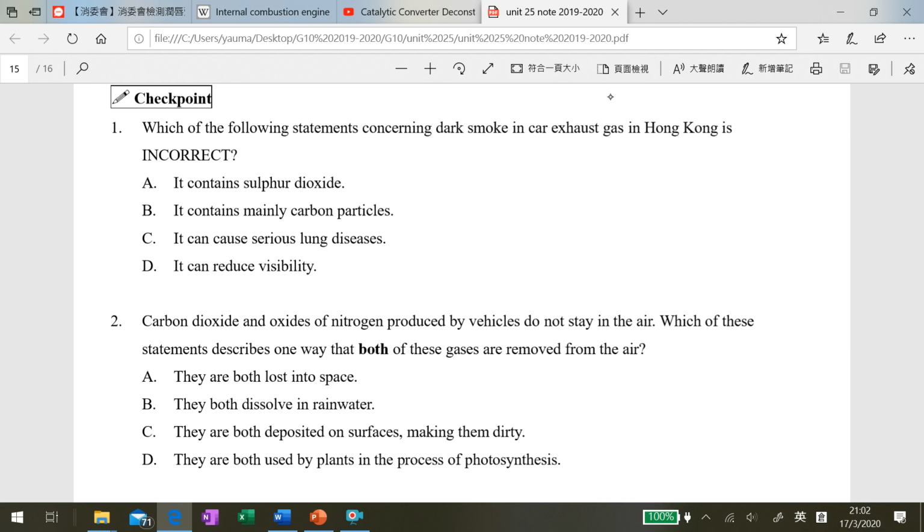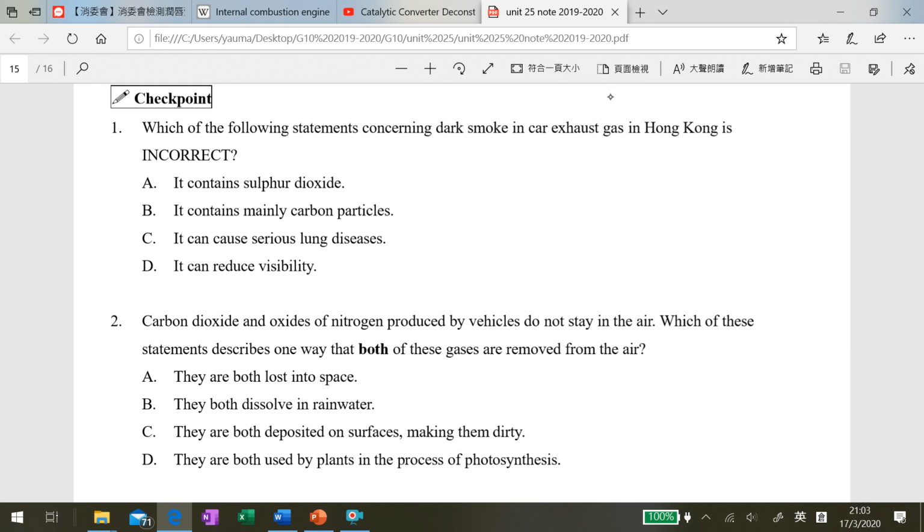D. It can reduce visibility. If there's dark smoke, it means that there's incomplete combustion. So B, C, and D are all correct because of the particles and some of the carbons. But for A, it contains sulfur dioxide, it should be wrong.